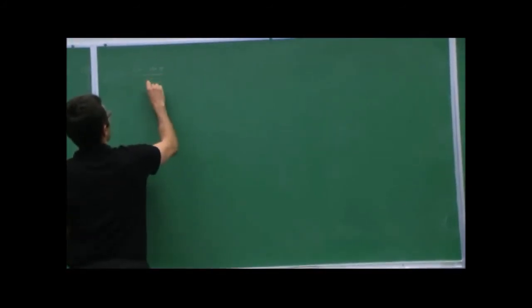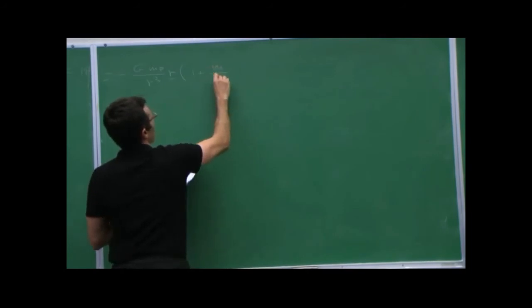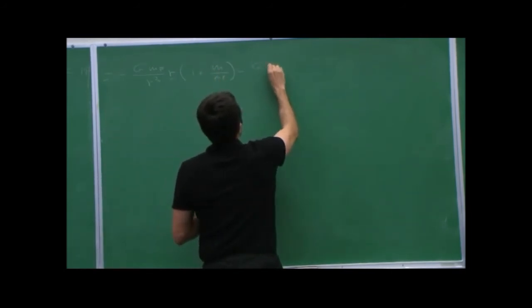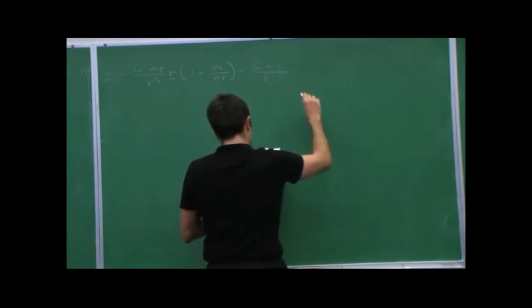Okay. So let's manipulate that a little more. I have minus G mass of the planet over little r cubed r, 1 plus m over Mp. That has not changed. But then I have G Ms over Rs cubed.